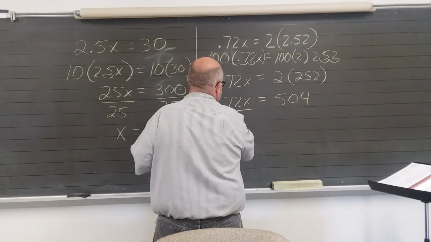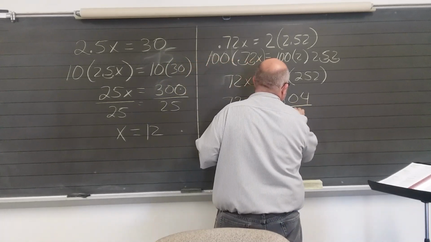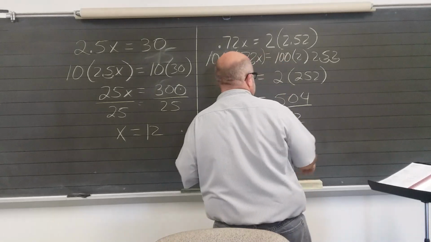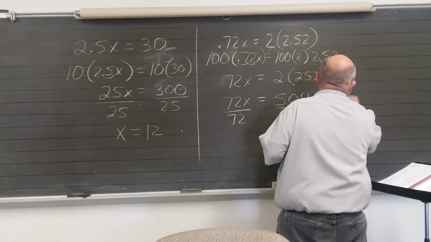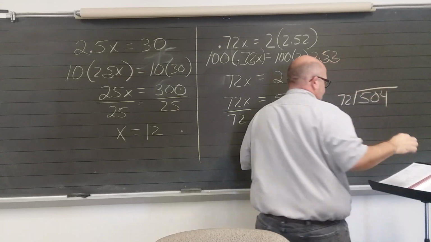Divide this by 72. Divide this by 72. What's 504? 72 into 504.